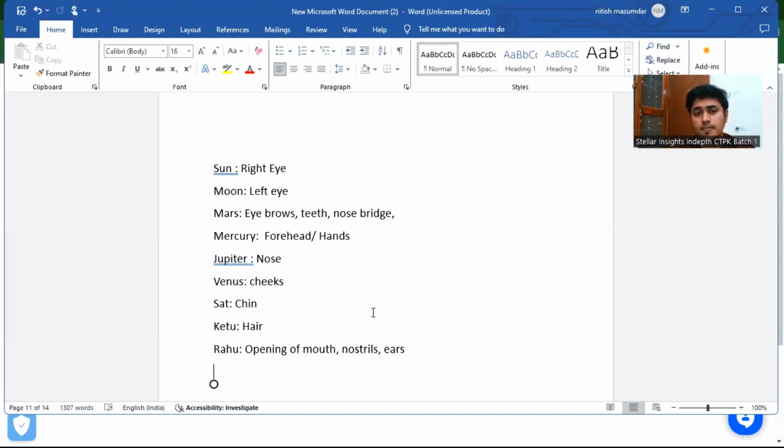So I will be teaching you that Mercury is related to which career, Sun is related to what. Sun is government.